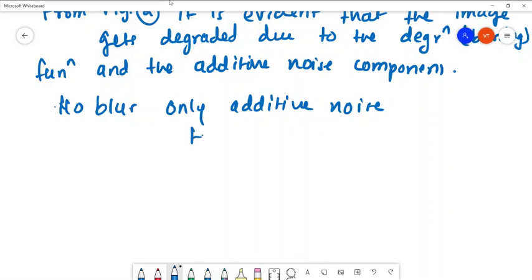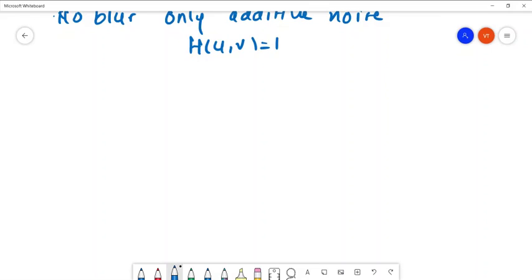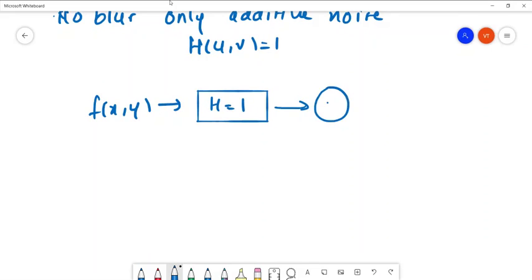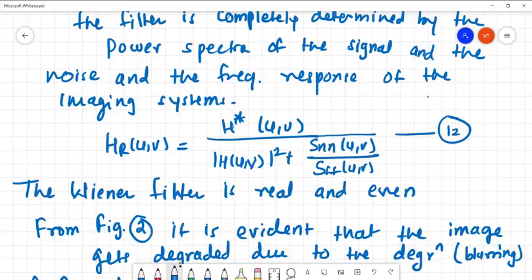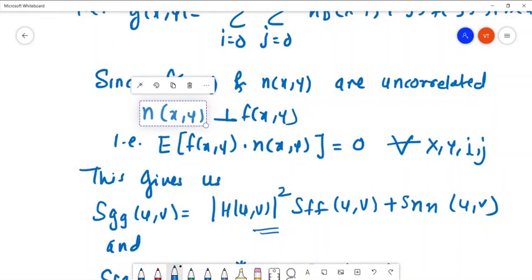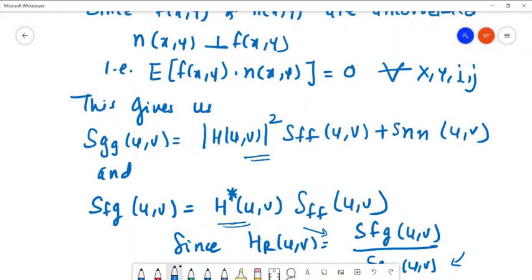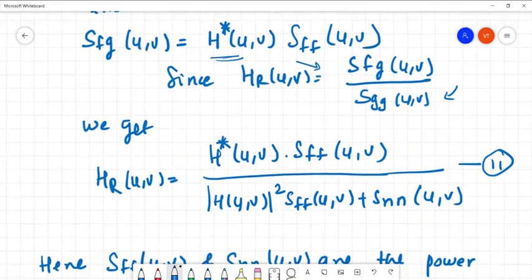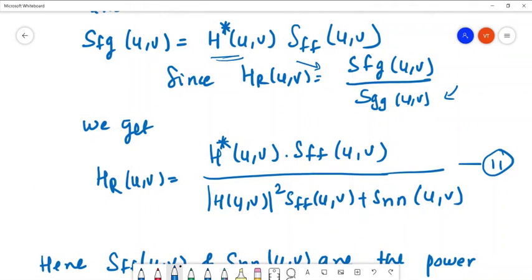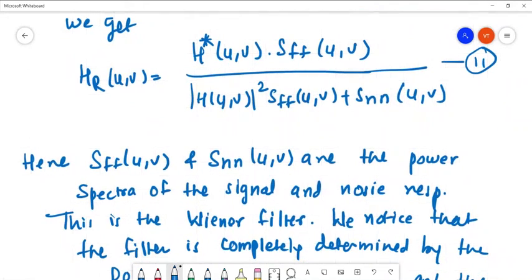Okay, so H(u,v) will be equal to 1, which is shown by f(x,y), h equal to 1, noise, and you will get g(x,y). So from equation 11, we have to substitute H here.